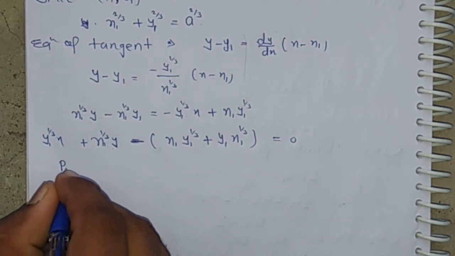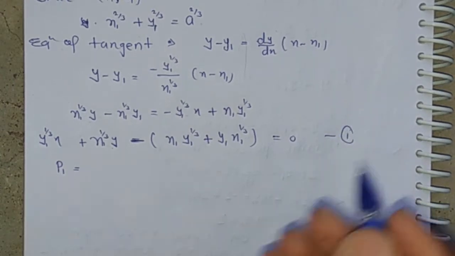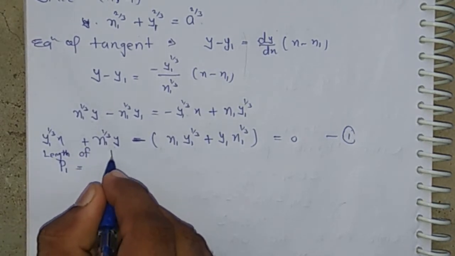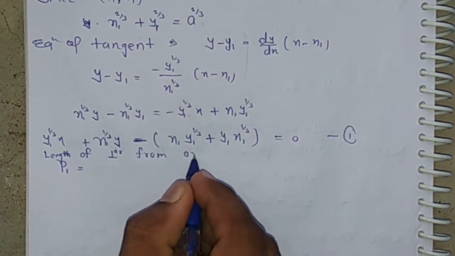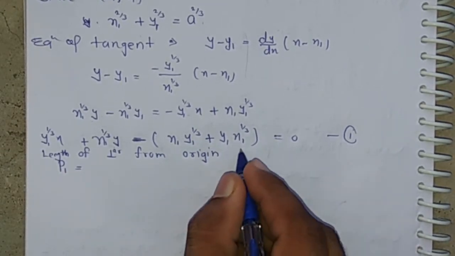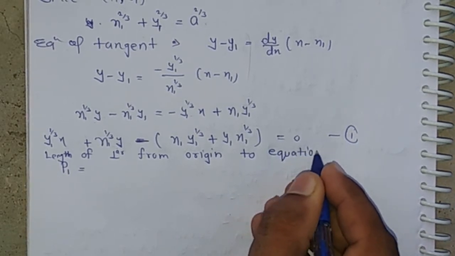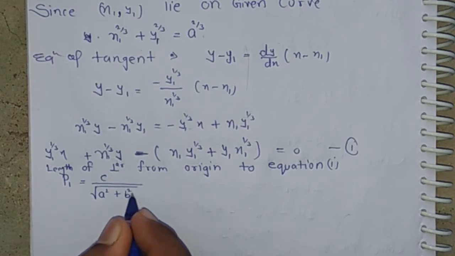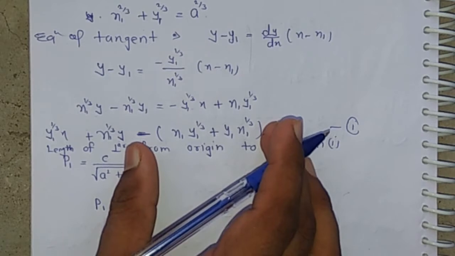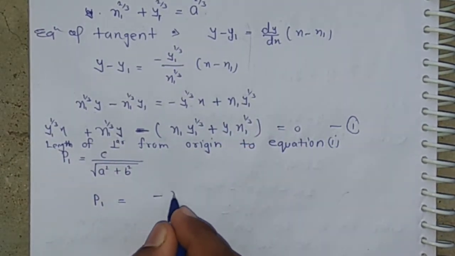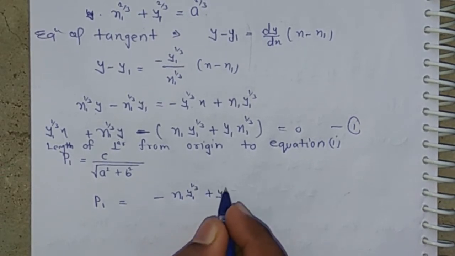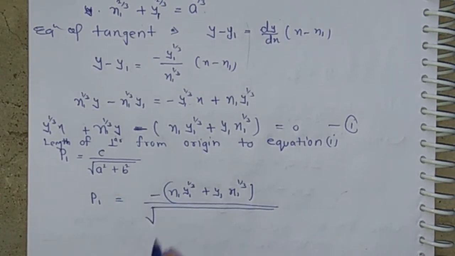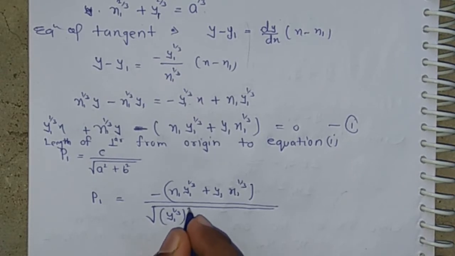Length of perpendicular from origin to equation 1 is given by P1 equal C upon under root A square plus B square, where the value of C is this term, under root A square plus B square.